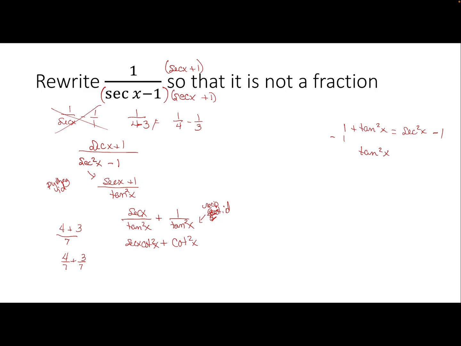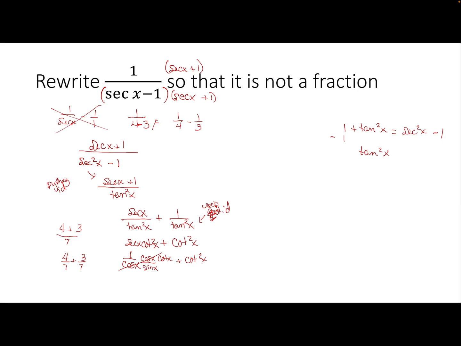And we can tighten this up just a little bit because the secant of x is 1 over the cosine of x. A cotangent squared is a cotangent times a cotangent. But we have another cotangent to work with, and that is the cosine of x over the sine of x, and a cotangent squared of x.